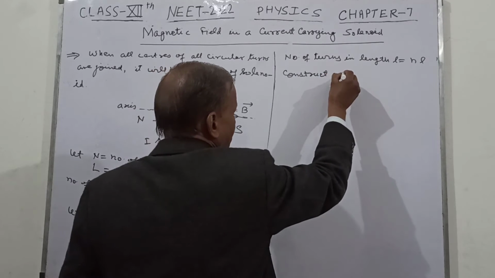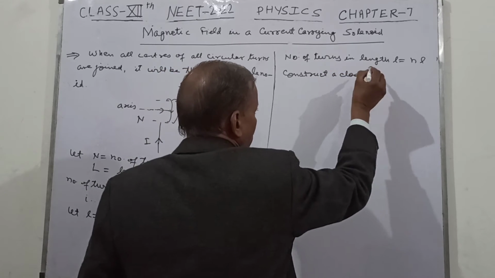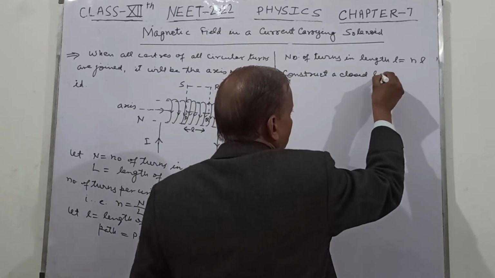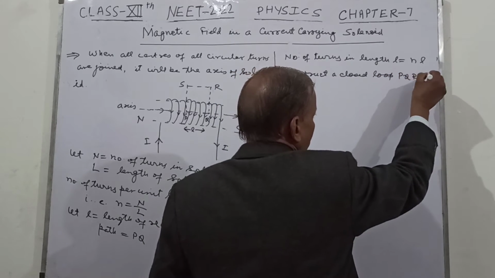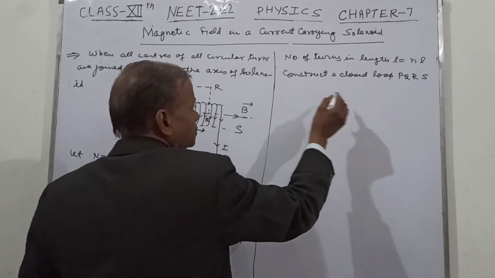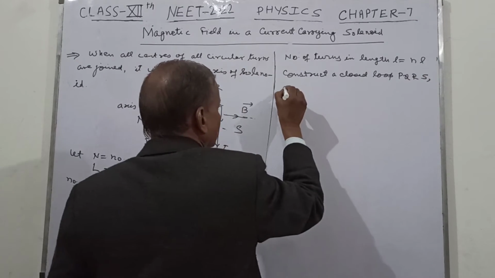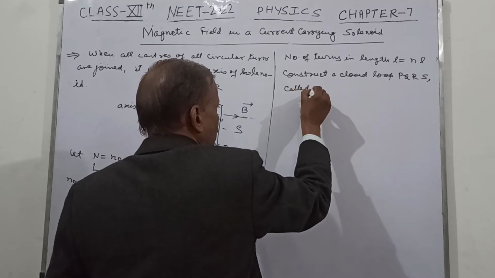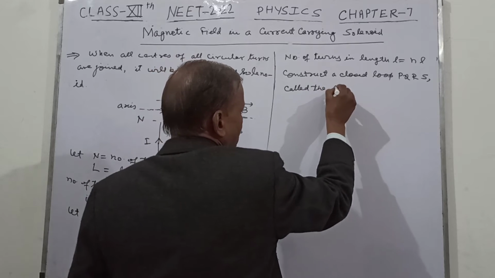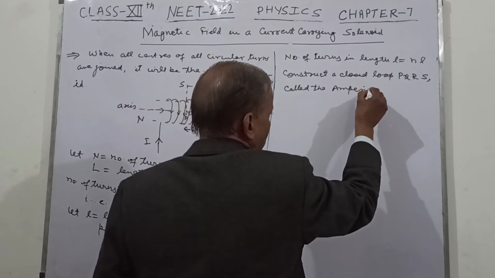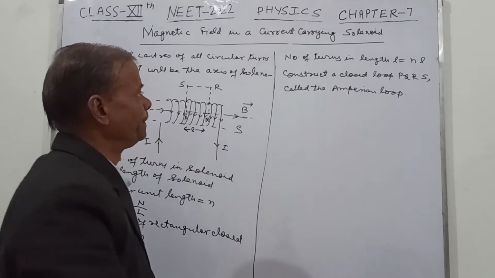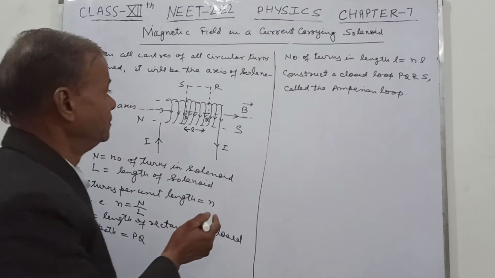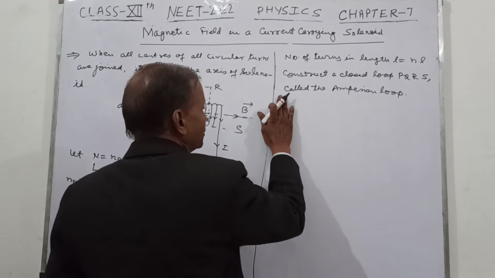Construct a closed loop PQRS called the Amperian loop. Then we can apply the Ampere's law.